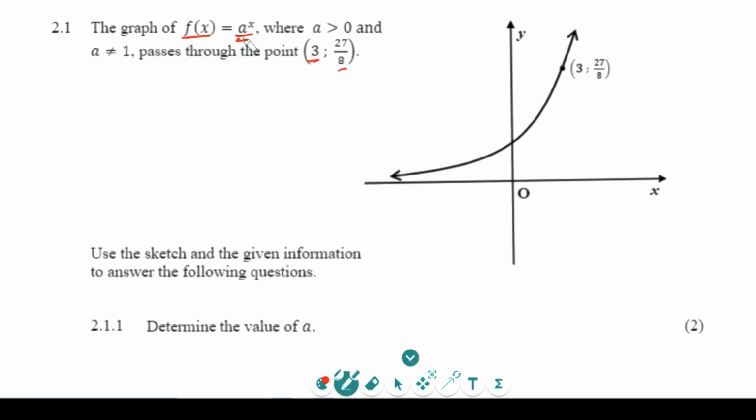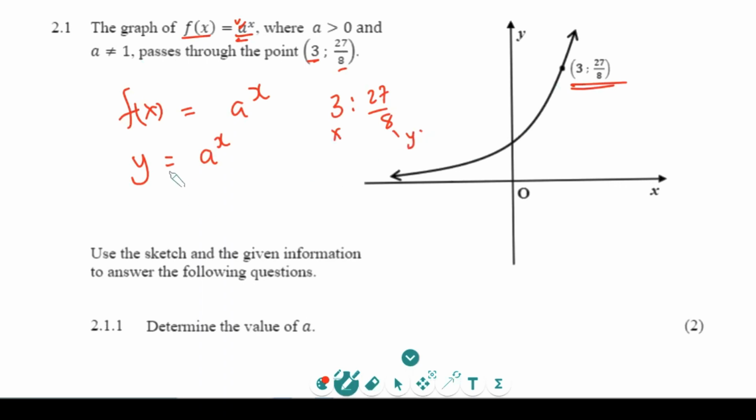But in this case, it's just one a that we need, so we need just one set of points. So we have f of x is equal to a to the x. We know that f of x is the same as y, so y is equal to a to the x, and then I'm going to substitute 3 and 27 over 8, where 3 is for the x and 27 over 8 represents the y.